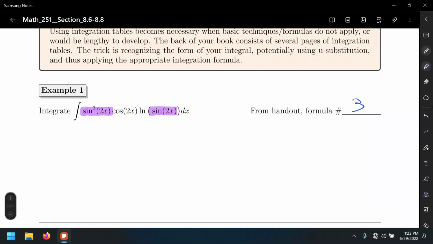That is easier to visualize if we rewrite the integral as sine 2x quantity cubed times cosine 2x, and I'm going to write it in a different way.